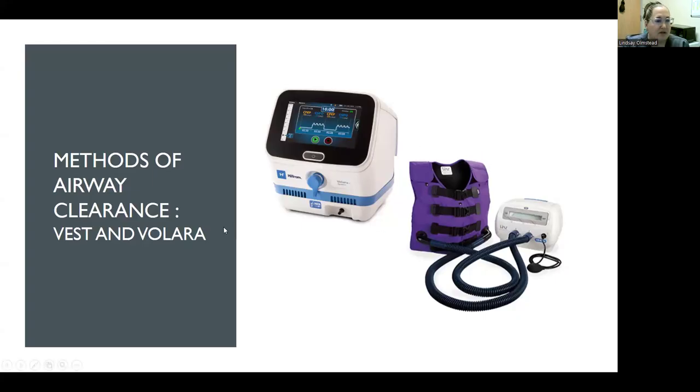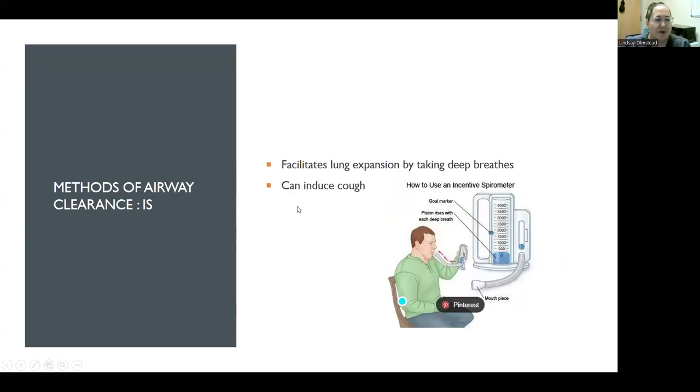So I did throw on an incentive spirometer. It facilitates lung expansion by taking deep breaths, and it can induce a cough. So it's kind of in the family, but not considered an airway clearance technique, but you are facilitating that lung expansion. When you talk about that lung expansion, those deep breaths, that breath hold, is when you use one of these.